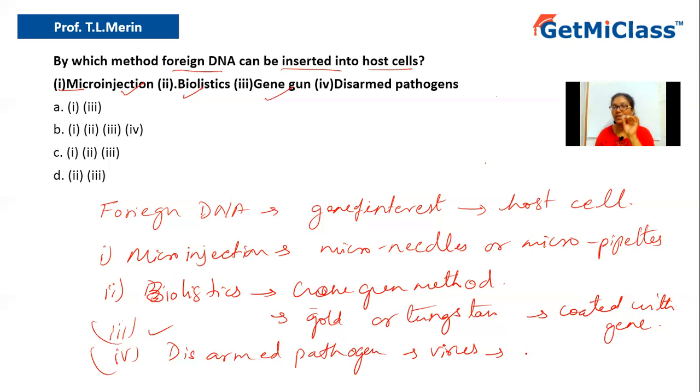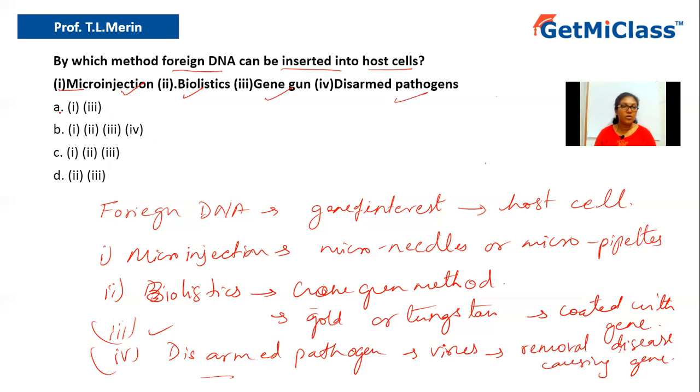That means we are removing the gene which is responsible for the disease, the disease-causing gene. Further, we introduce our gene of interest into this viral genome, and then introduce it into the host cell. This virus can now introduce our gene of interest, present in its own DNA, into the host cells, and it will not cause disease because it has been disarmed. So the fourth one is also correct.